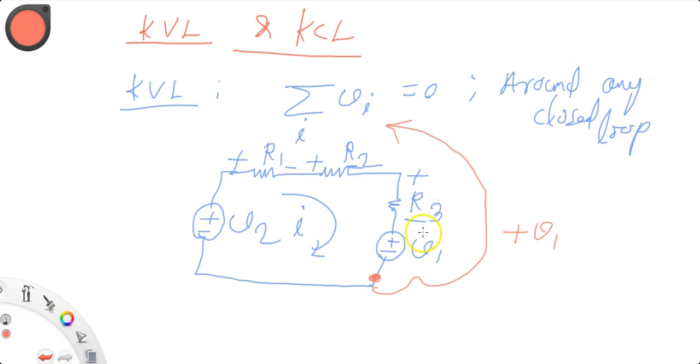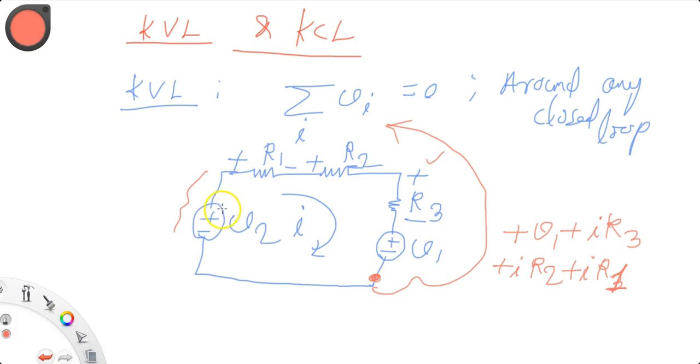Similarly, traversing from negative to positive terminal, across R3, I'll write this potential as the current, because we have studied voltage across the resistors. So current I into R3, similarly plus I R2 plus I R1.